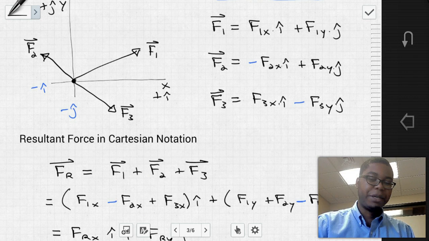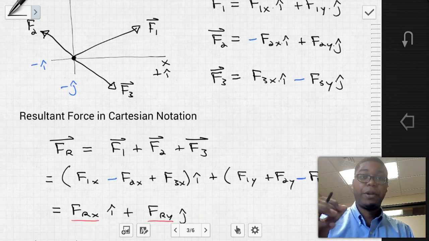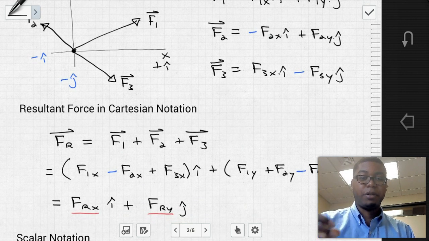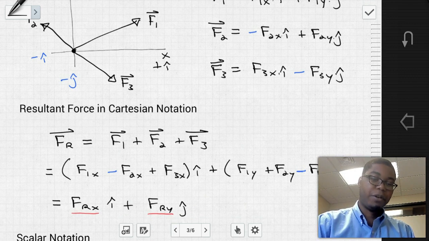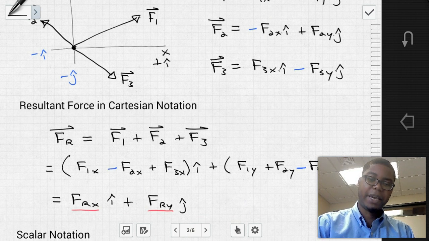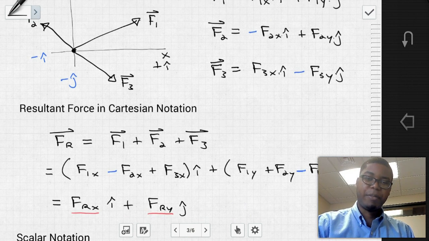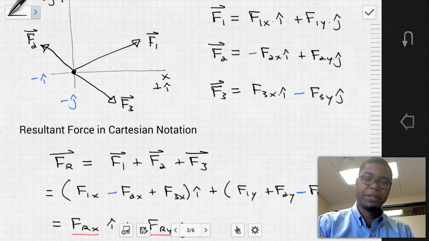So what happens when we have various vectors, or a system of force vectors, and we want to find the resultant? Well, that's where the Cartesian vector notation really comes in handy. So we know that the force resultant is going to be equal to the sum of force vectors 1, 2, and 3. And what we can do is take each of those magnitudes, each component of these vectors, and add them together.